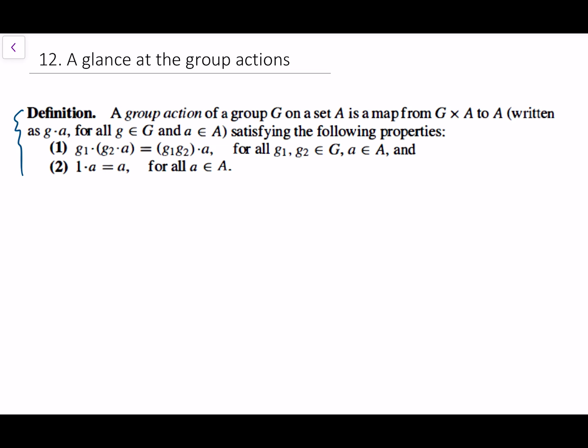At first, let's look at the definition of group actions. It says that for a group action of a group G, you should have a group G to define this group action.